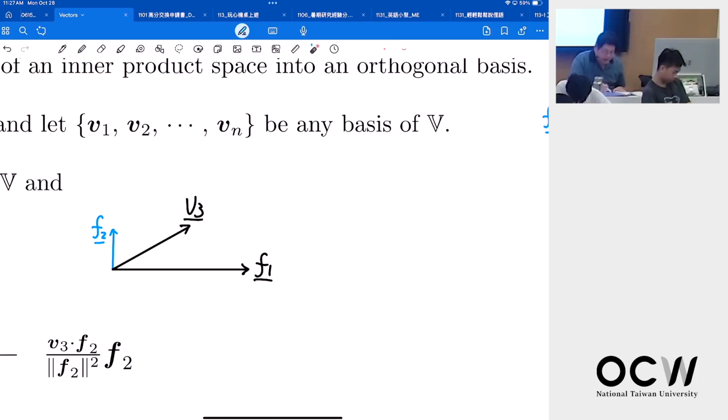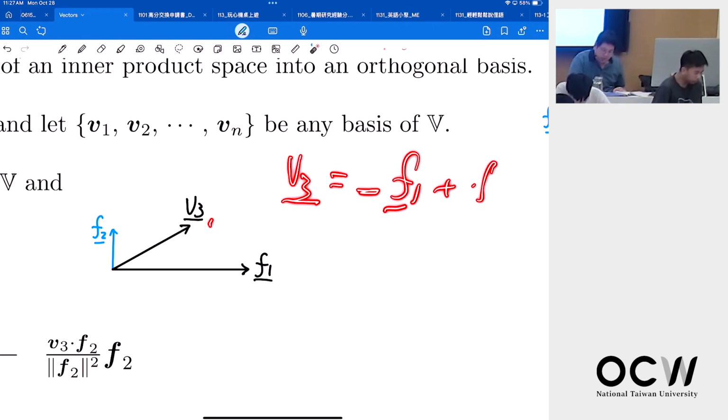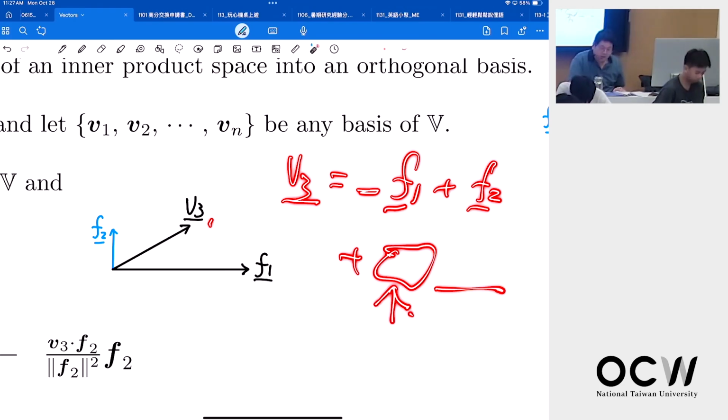So again, we can think about v3 as something times f1 plus something times f2 plus something. This last one is what we want. We need to get rid of the portion in the f1 direction and f2 direction.